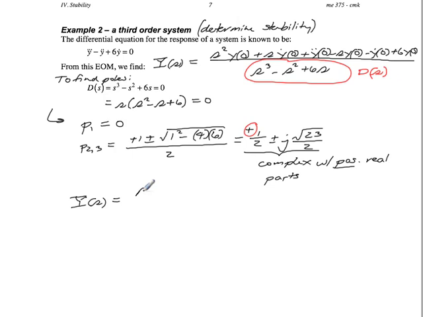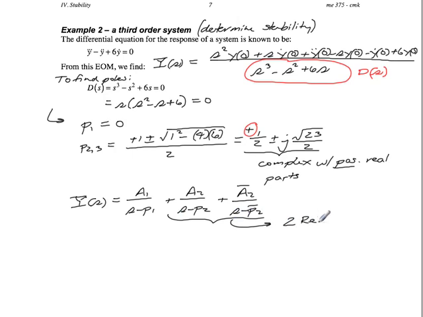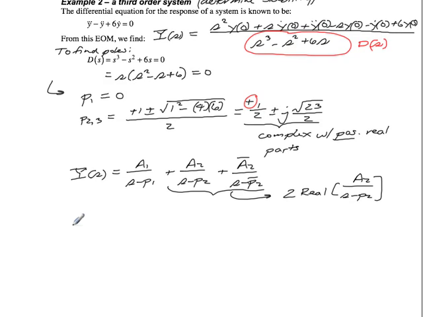can then be equal to a1 divided by s minus p1, plus an a2 over s minus p2. p3 is the complex conjugate of p2, so that's going to give us a2 bar divided by s minus p2 bar. And so we know this ends up giving us 2 times the real part of a2 over s minus p2, and we know right away what that's going to be.